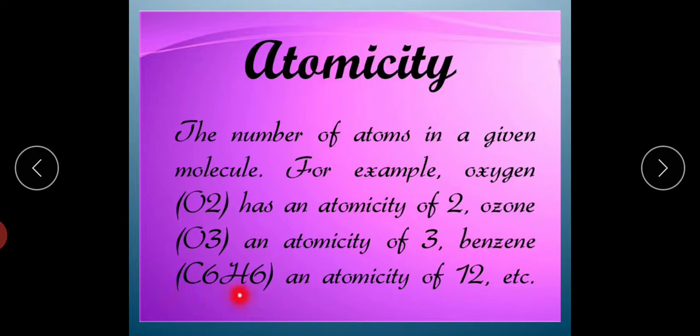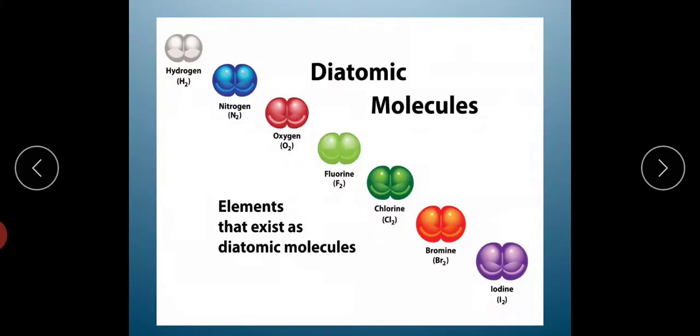Benzene, this is C6H6. 6 carbon and 6 hydrogen. So total how many? 12. So benzene has an atomicity of 12. Molecules that have two atoms are called diatomic molecules. Di means two.